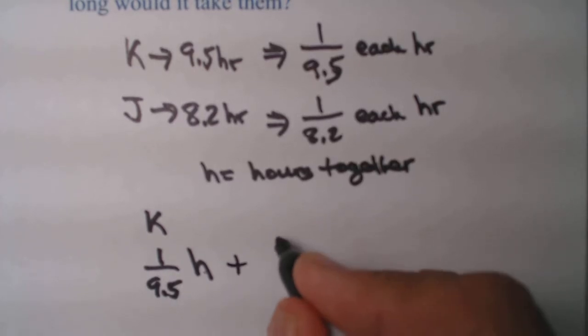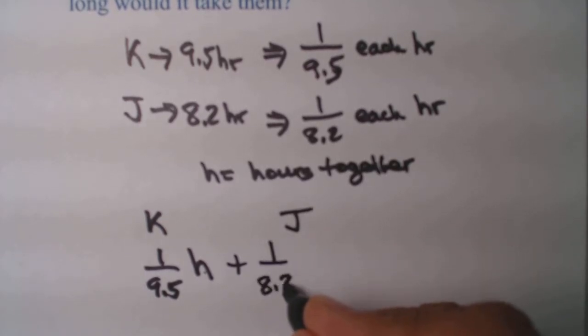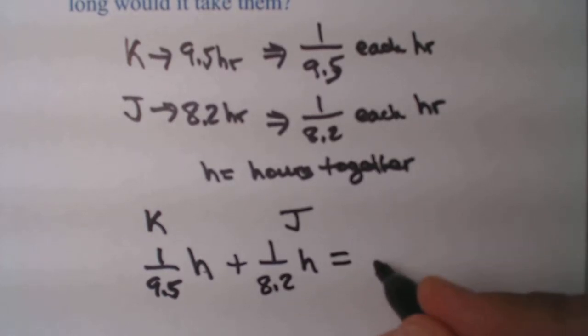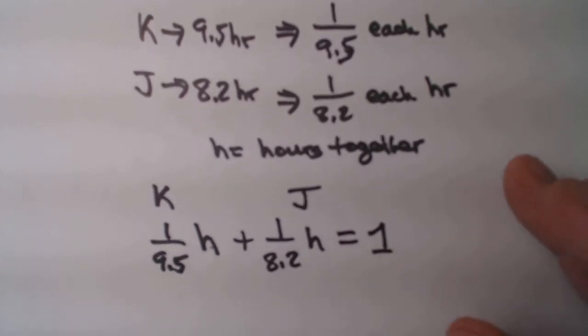Okay, add to that what James can do, 1 over 8.2 times H. And of course, they're doing one set of bowling alley lanes, so we put a 1. If they'd been doing 2 sets, we put a 2, or if they did half, a half, and so on.